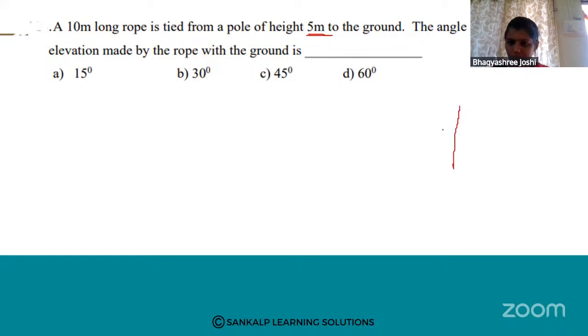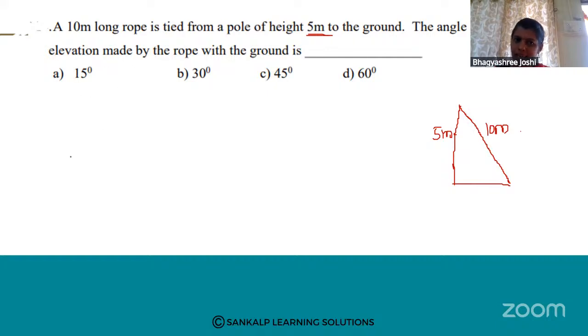That pole height is 5 meter. And a 10-meter rope is there. The rope is tied from the pole at a height of 5 meter.